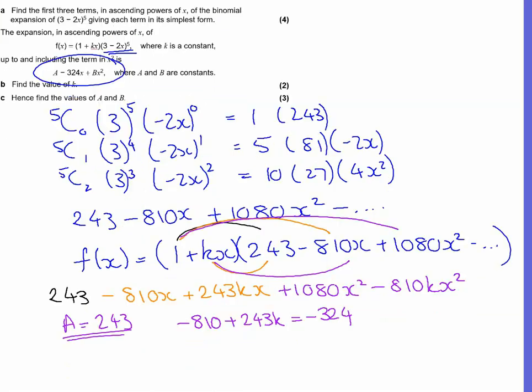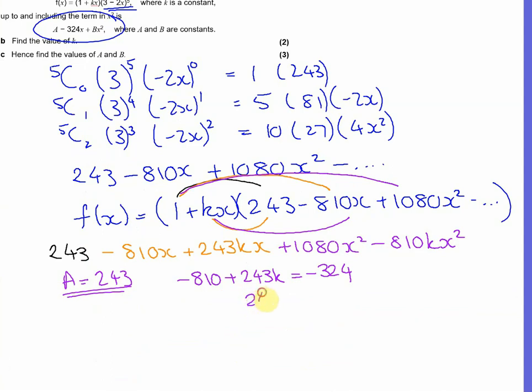So let's just give us a bit more space here. So what is 243k equal to? So minus 324 add 810 is 486, which you can see is two of those. So we get a nice whole number of 2. We like whole numbers. Makes us feel that we've got it right.